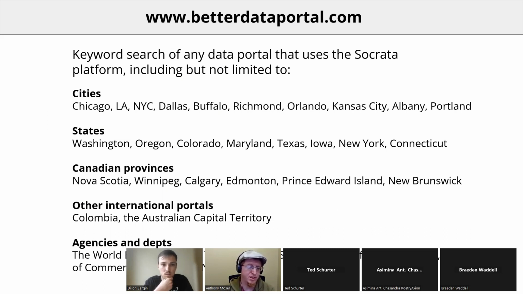Like I said, it starts with Chicago because that's what I built it for. But because Chicago uses a platform that is popular with a lot of other places as well, you can also plug in any of those other data portal addresses. There's a list of them on the site if you click through. Some of them are state level, some are city level, there are counties on there, and there's some international stuff and federal transportation things.